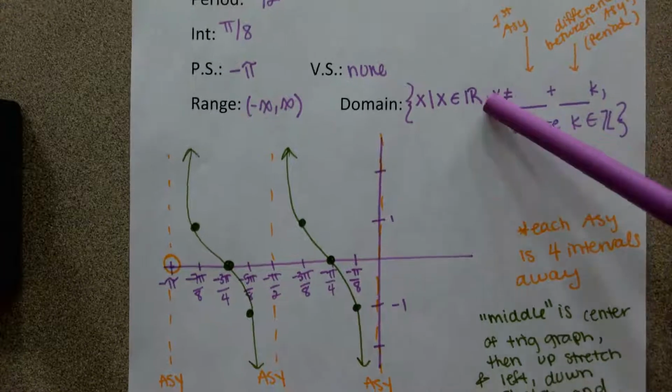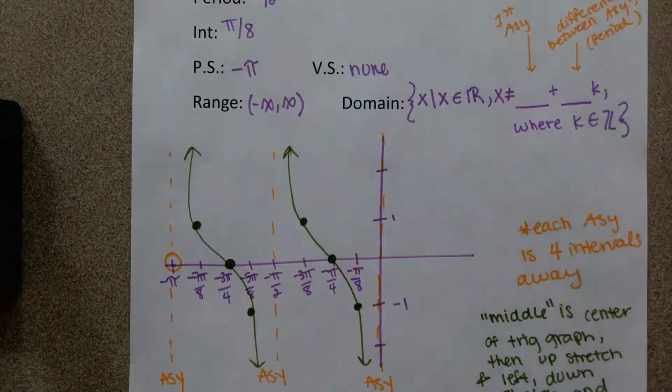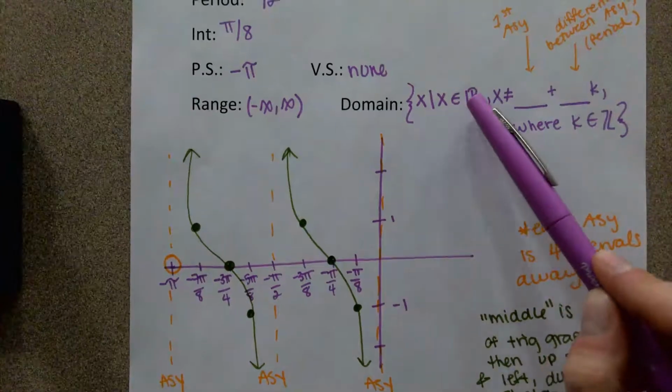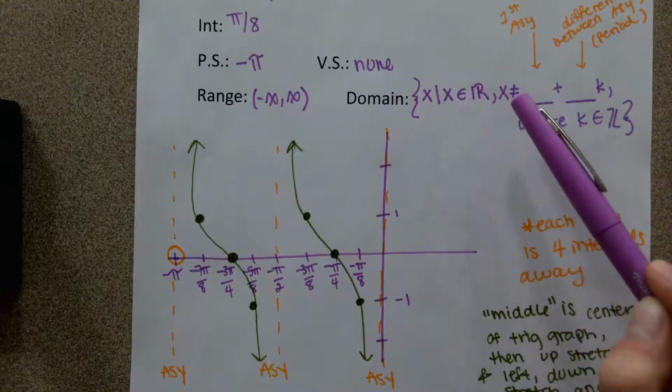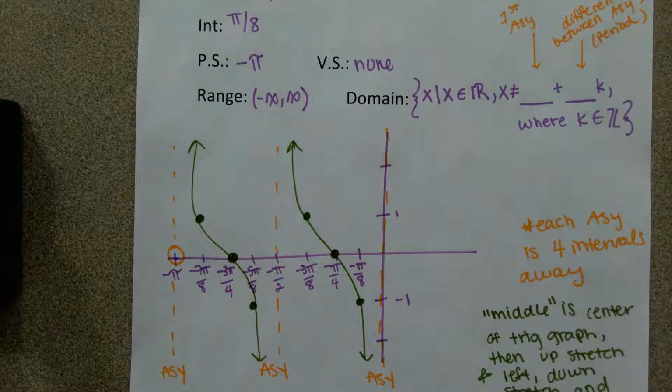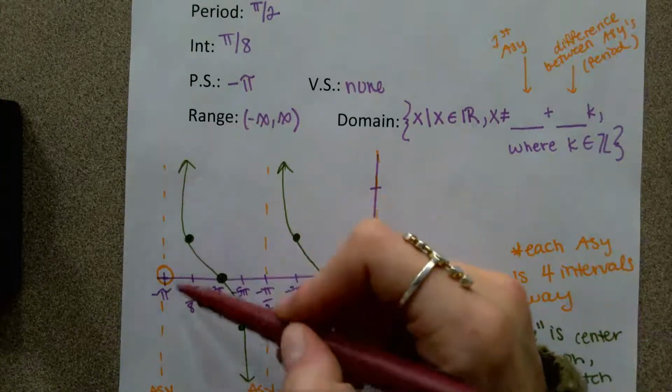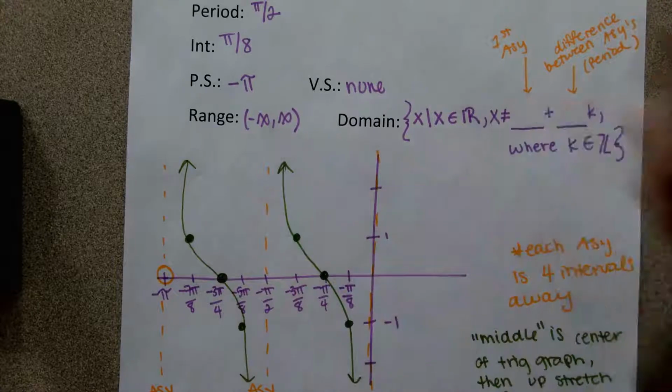Then for domain. So I didn't fill this completely out. Domain is x such that x is a subset of all the reals. Okay? X cannot be equal to my first asymptote. So my first asymptote is just farthest to the left, negative pi.